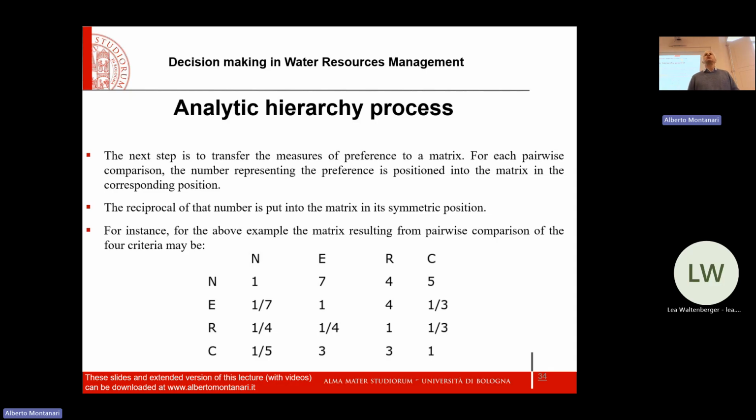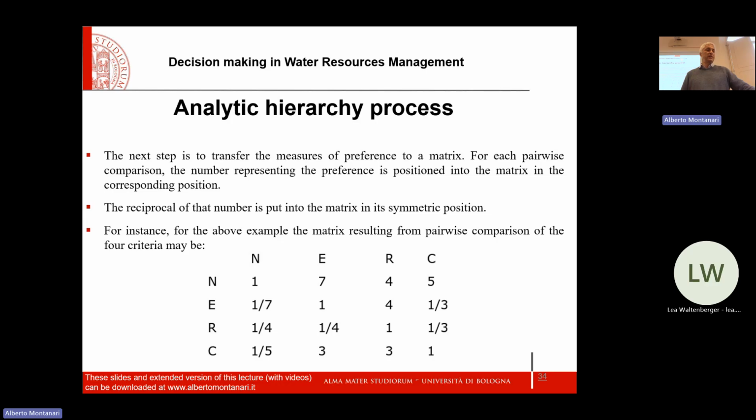So the net benefit is very strongly more important. The immediate consequence is that when you go to the second row, first column, where you compare E with N, it is the opposite comparison. The score is 1/7. Is this clear? Okay, good.